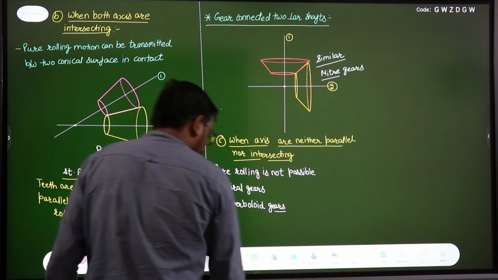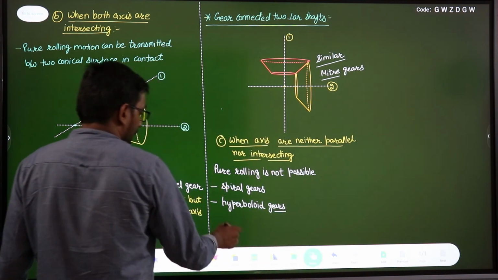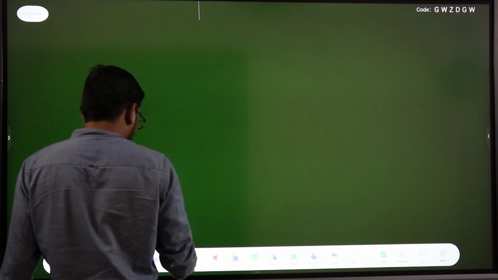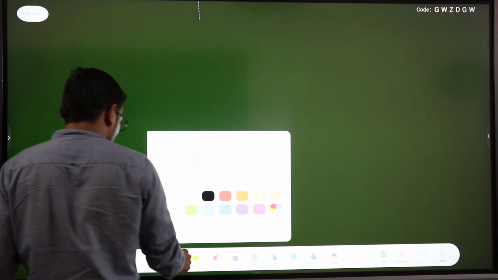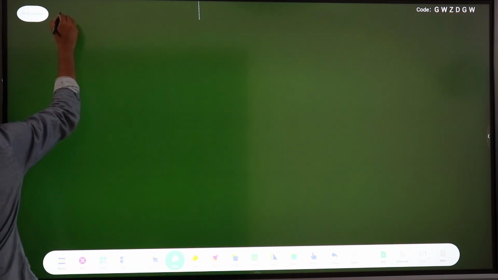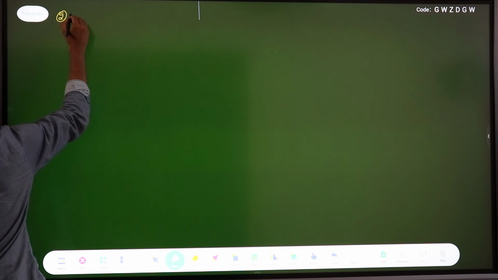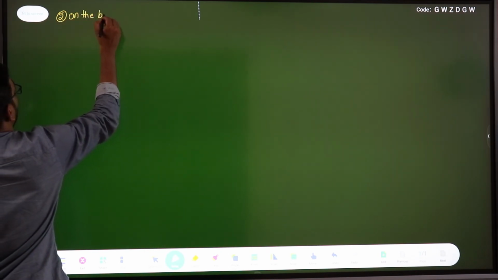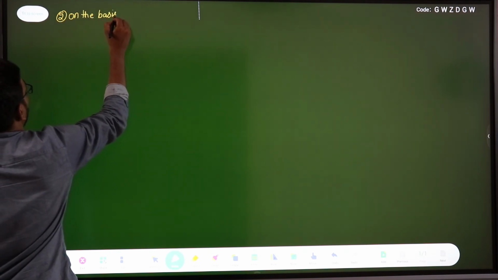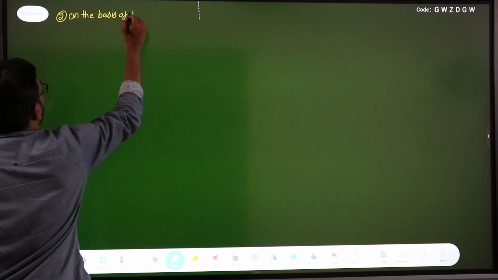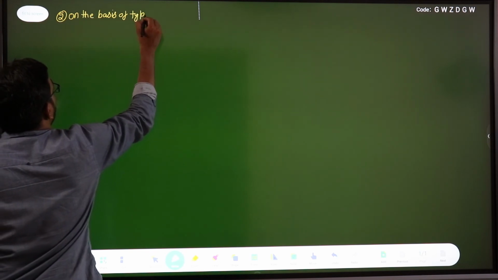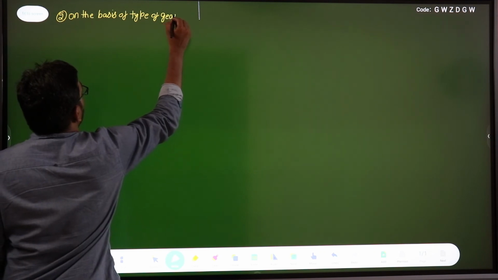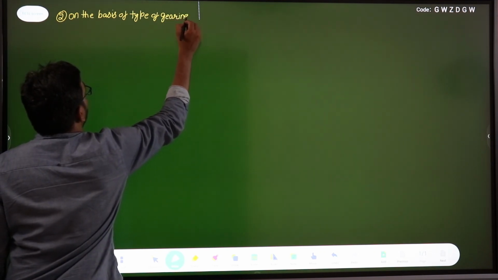The next classification is according to the type of gearing.